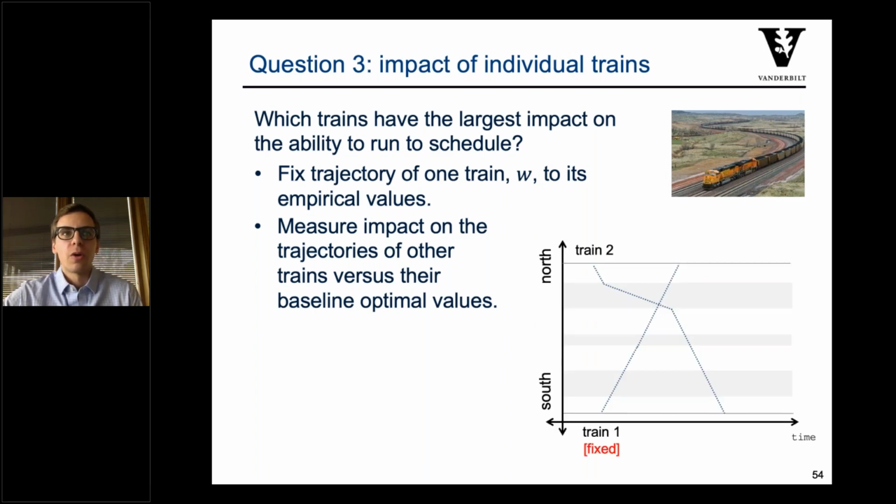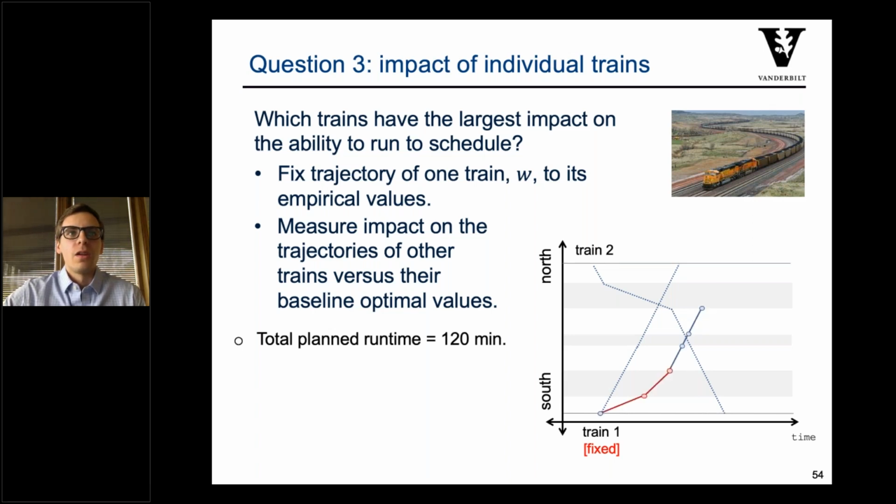And so going back to this very simplified example, in this case, the initial plan had a total planned runtime of, let's say, 120 minutes. And when we fix the trajectory of train 1 in this case, how does that affect the trajectories of the other trains? If this is the ultimate outcome, then we have a total replanned runtime once we fix train 1 of 210 minutes.